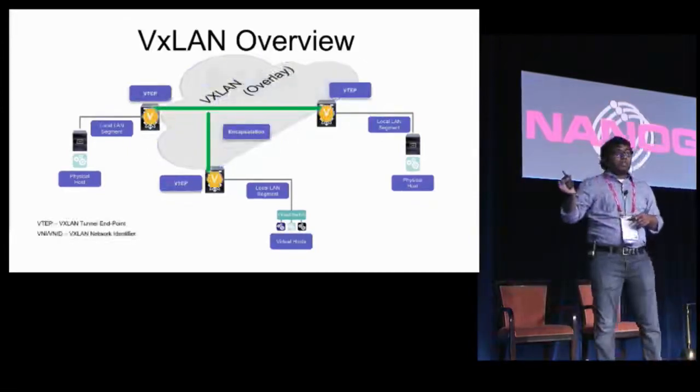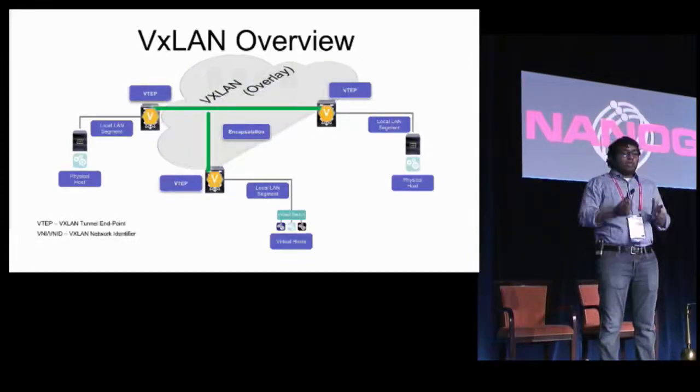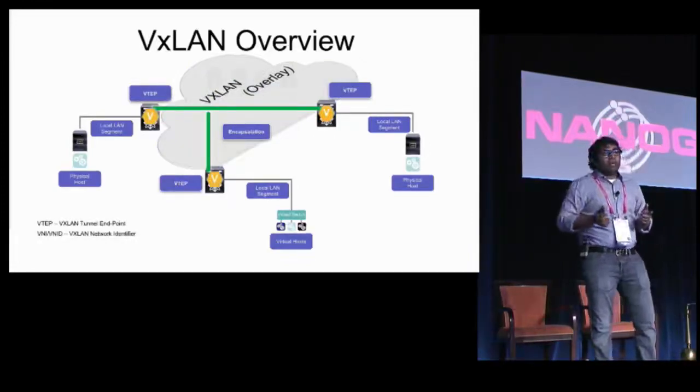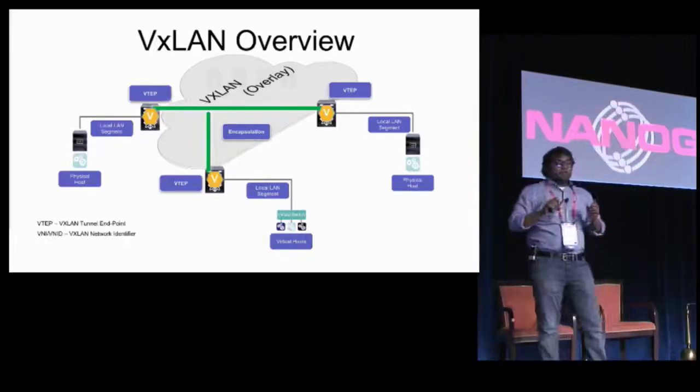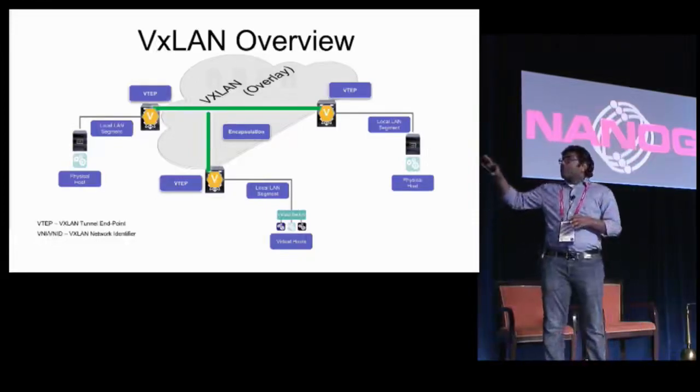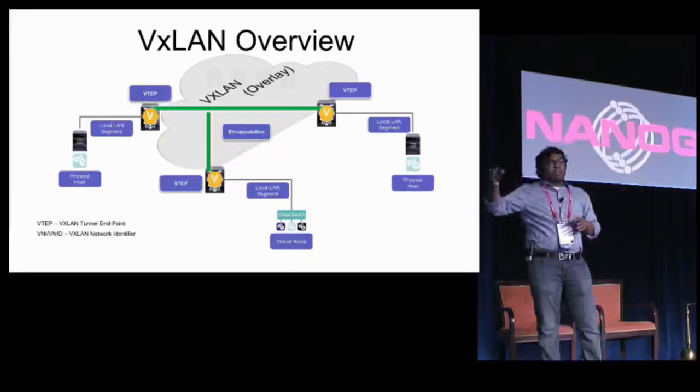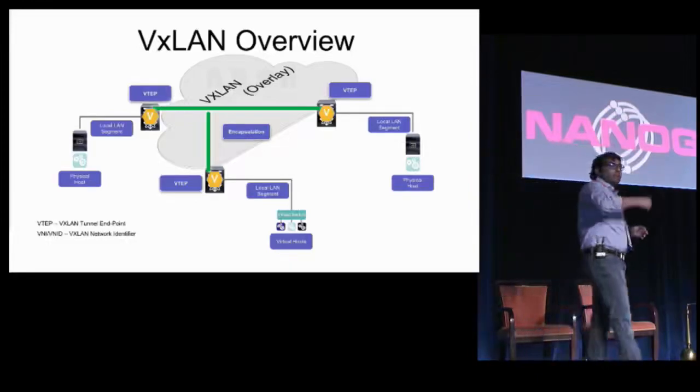On top of this IP reachability, you have your VxLAN running, wherein you have the connections to the remote ends. All the packet forwarding is encapsulated into VxLAN packets and forwarded across.